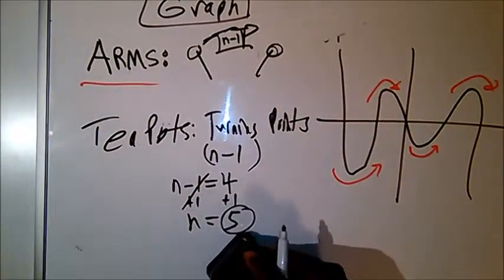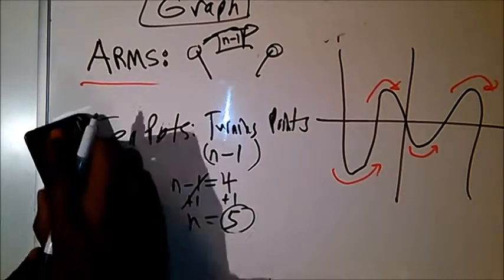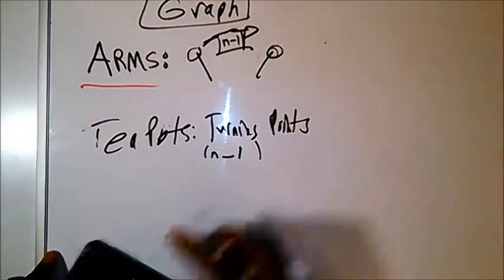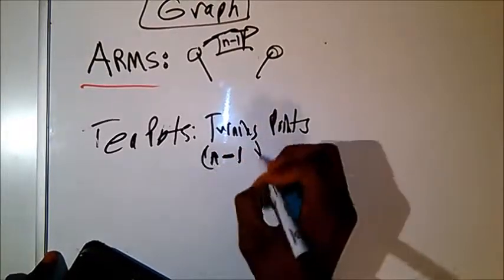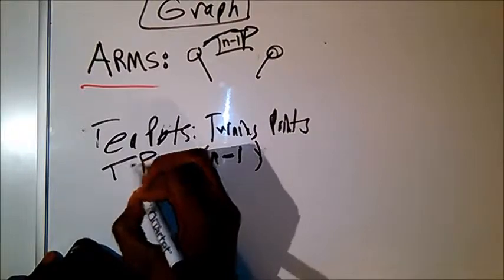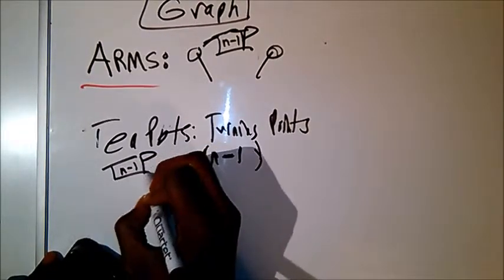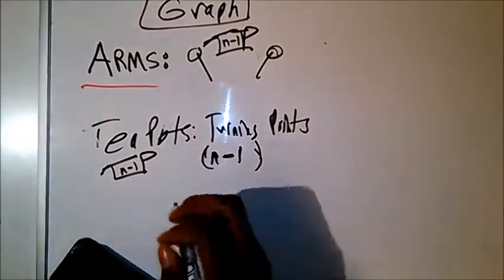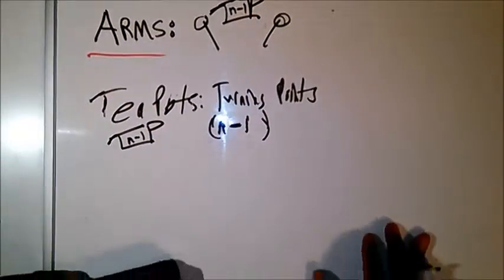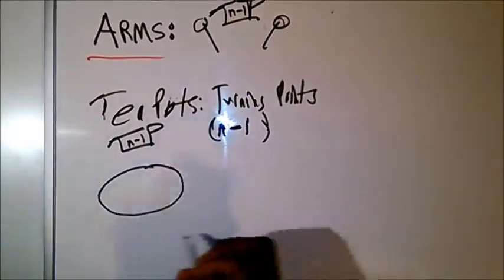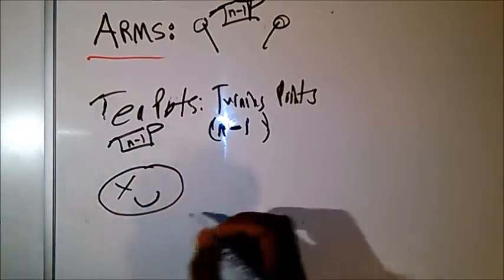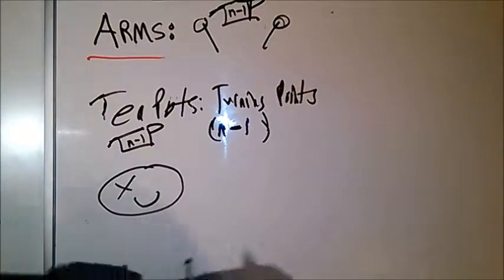Right. Now your next step after you've determined your teapot is you've got to know what's inside your face. How does your function behave? How does he feel? Does he feel happy? Does he feel sad? Does he feel strange? Right?